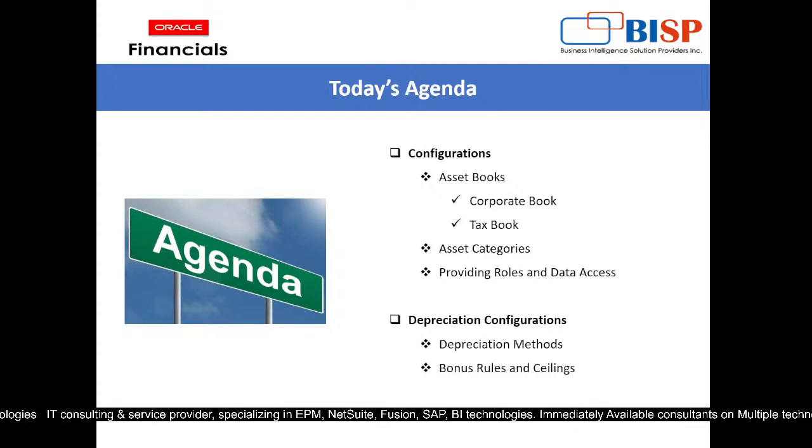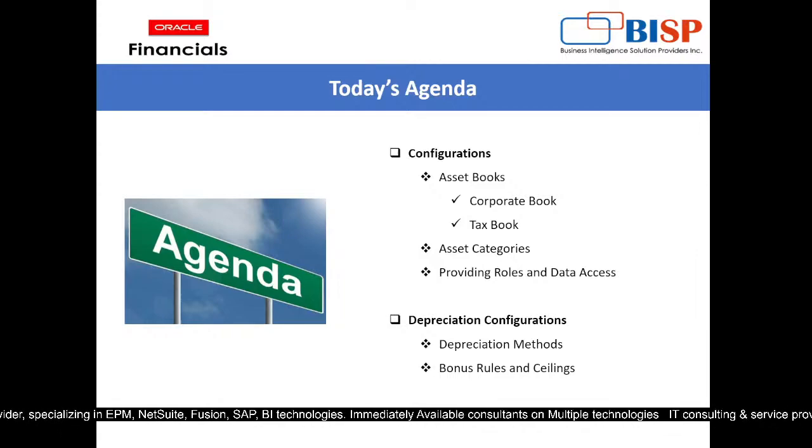So today's agenda will be to cover the asset books. Asset books can be of two types, the corporate book and the tax book. And then we need to have the asset categories.